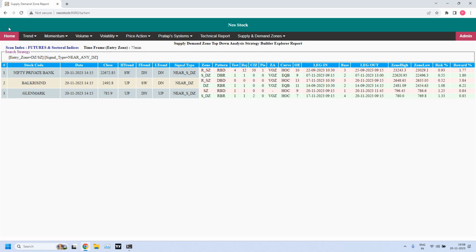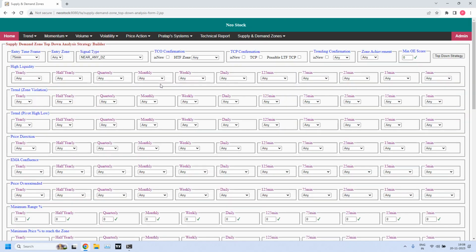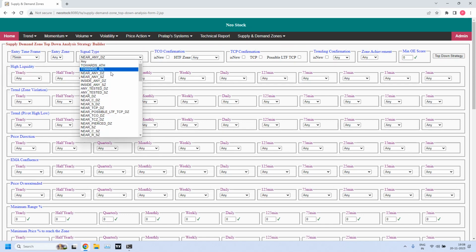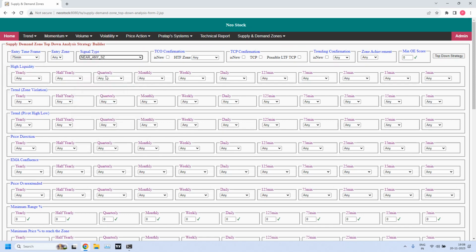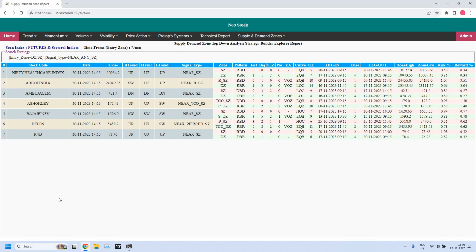Okay, let's go back. For entry time frame 75 minutes, let us find the stocks which are near to the 75 minute supply zone. So we have seven stocks filtered. And here a few high liquidity zones are there. Already tested because it is having one rejection.